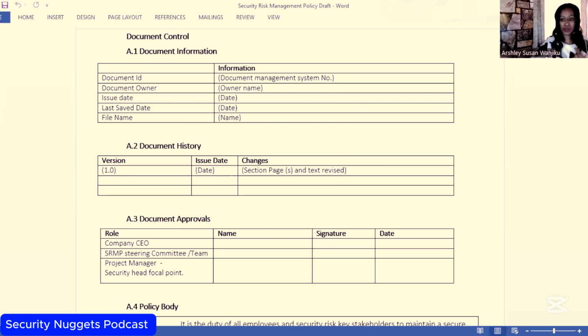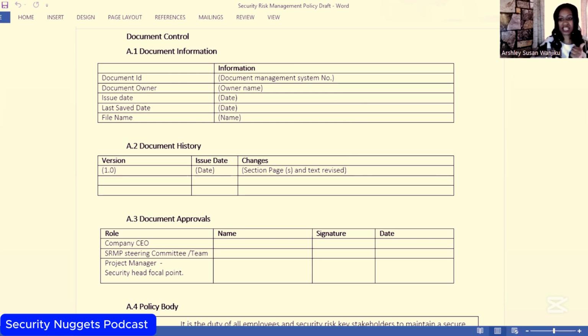Who is the boss of the company or the organization? We need to have that authorization from them so that we can be given the green light to go ahead and execute the security risk management program. And again, we also have to remember that this policy is a very critical subset of the security risk management program because it provides us with the direction.